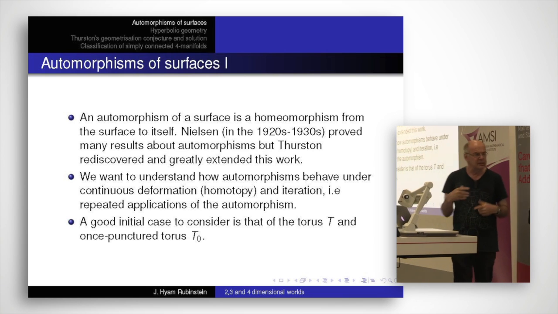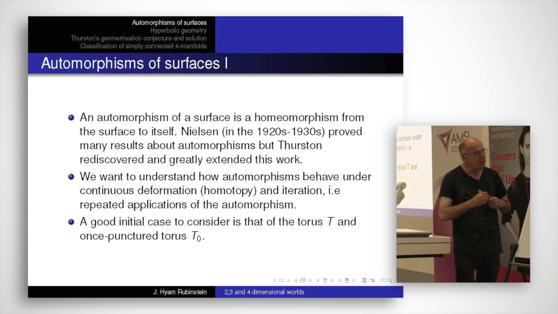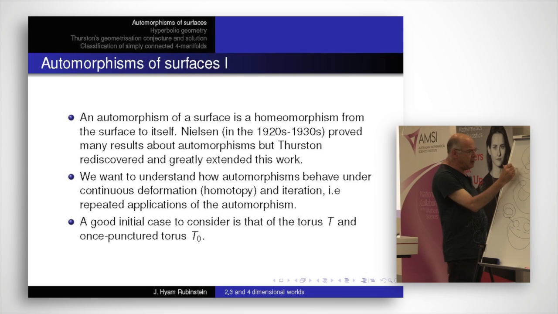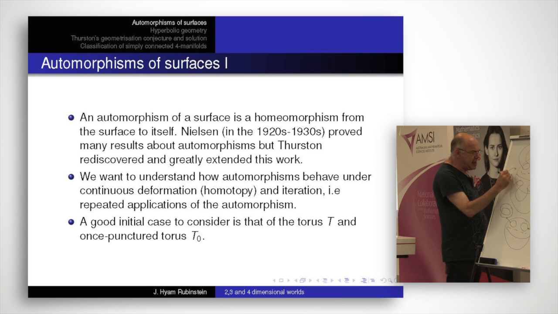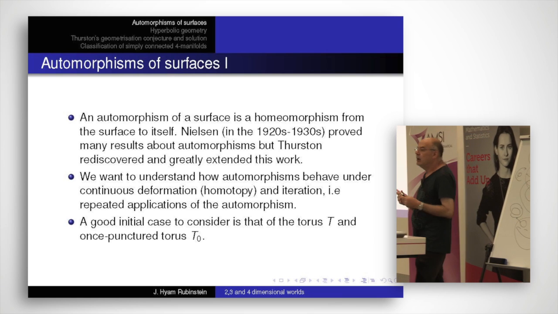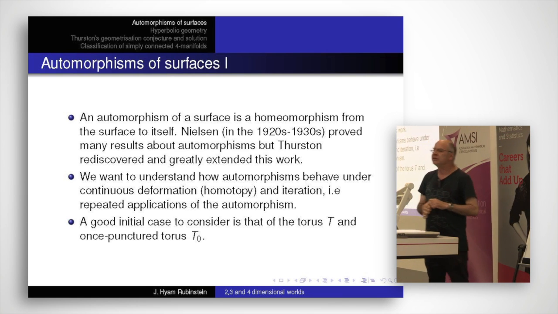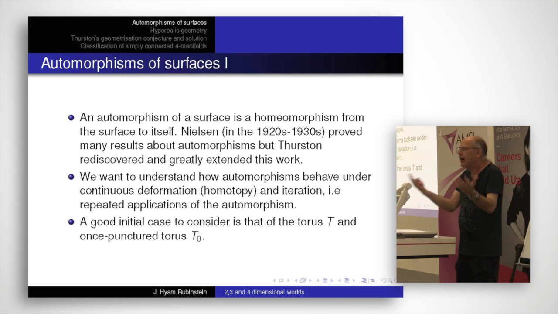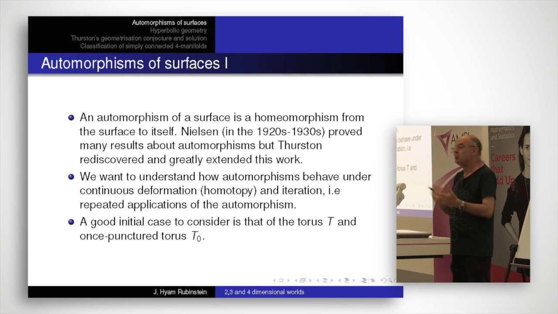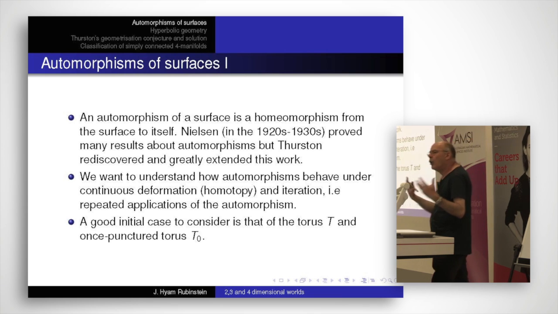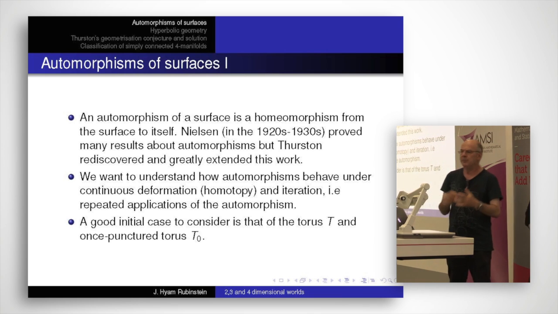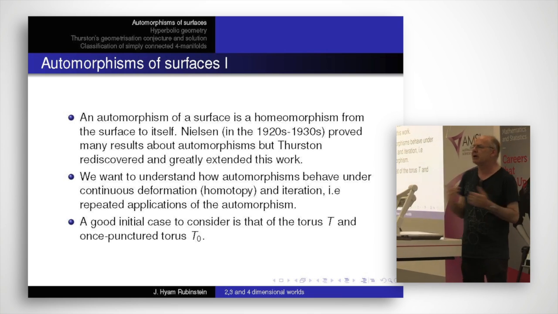So what we're interested in is that we have one of these surfaces and we have a map which sends the surface to itself. And by automorphism, we mean in the sense of an invertible linear transformation or an automorphism of a group. So it's got to preserve the structure.